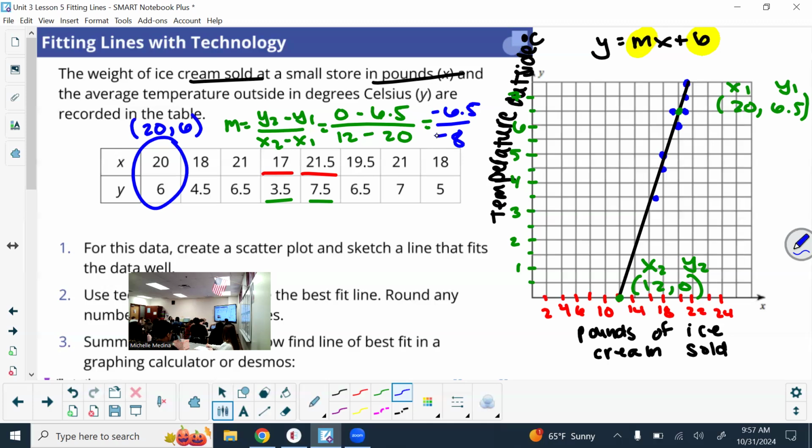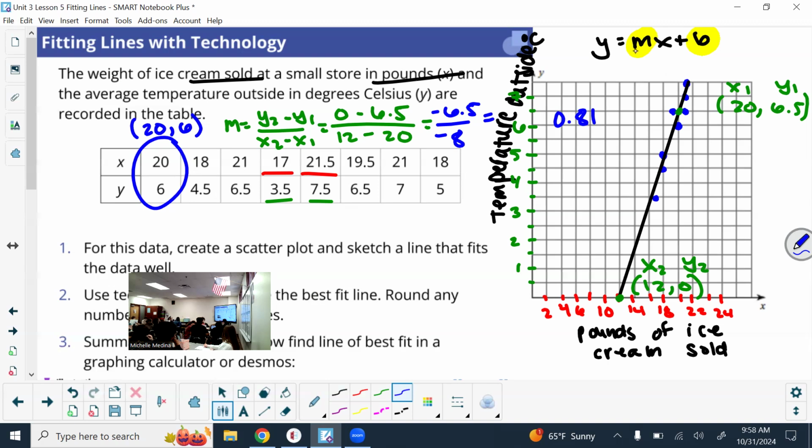So negative 6.5 divided by negative 8 is about 0.81. Sorry, I know I'm all over the place. This is what my slope estimates to, 0.81. Questions on that process so far?